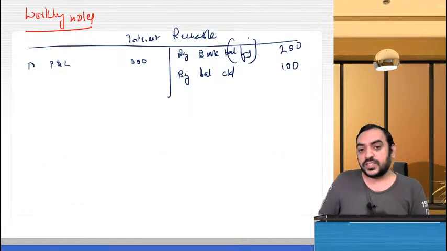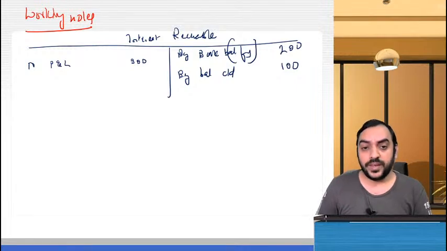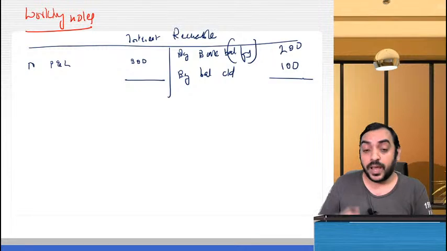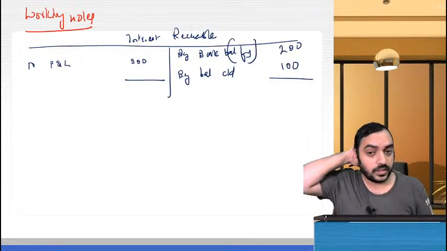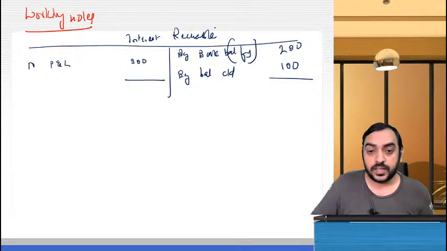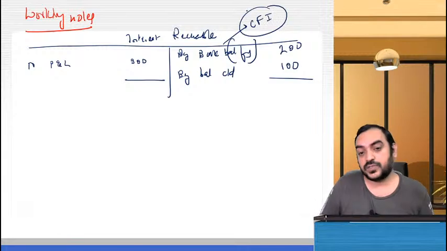Are you able to write down this interest receivable account? To P&L 300. By bank. By balance carried down 100. And by balancing figure 200. That will go to P&L. So this bank amount will go to cash flow from investing activities.